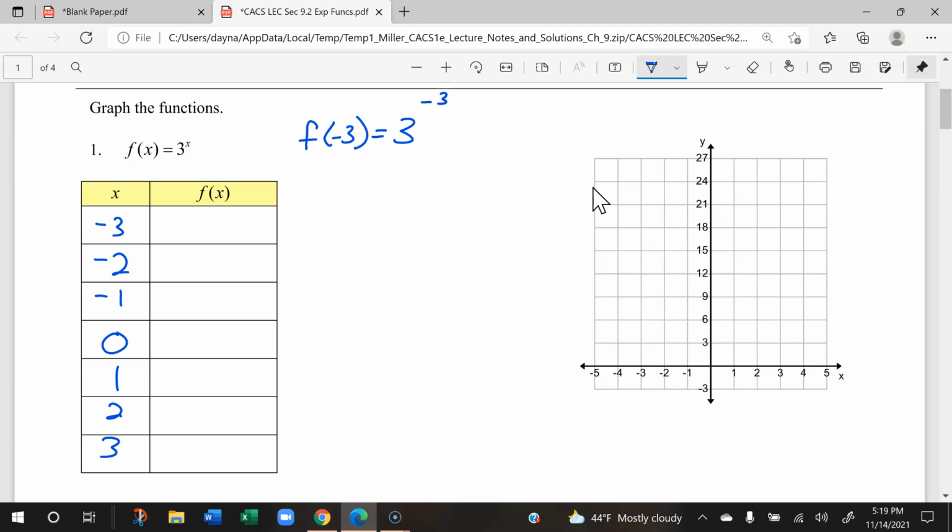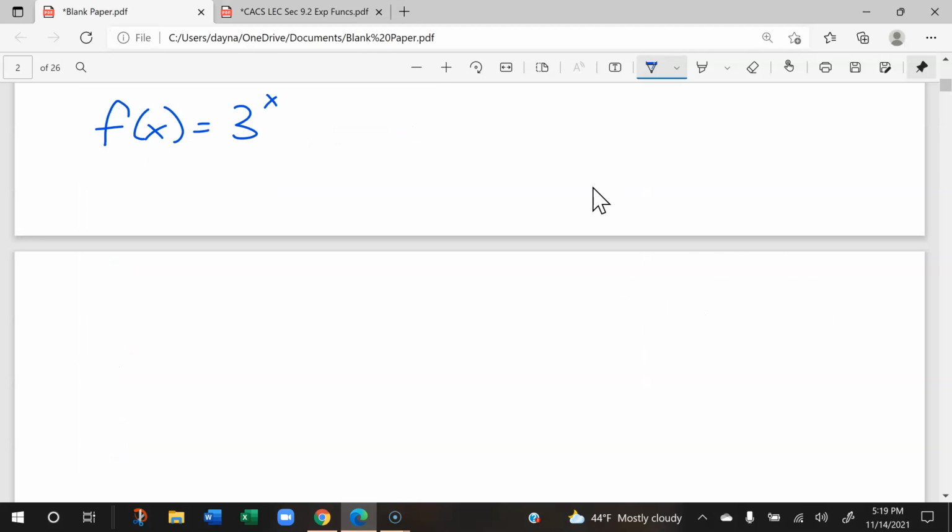That's 27. Whenever I have a negative in the exponent, that's going to tell me to make it a fraction, or to flip my fraction. So that's going to become 1 over 3 to the 3rd power. A negative in the exponent tells me to put my base in the opposite position. Here it's in the numerator basically, because remember 3, a whole number, is always written over 1. So now I put it in the denominator.